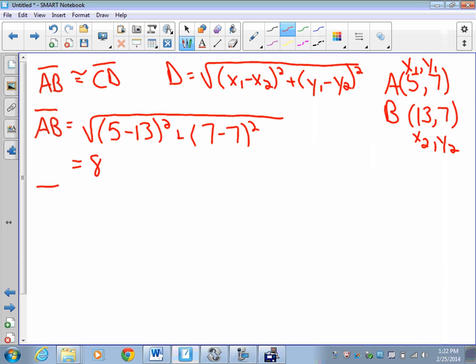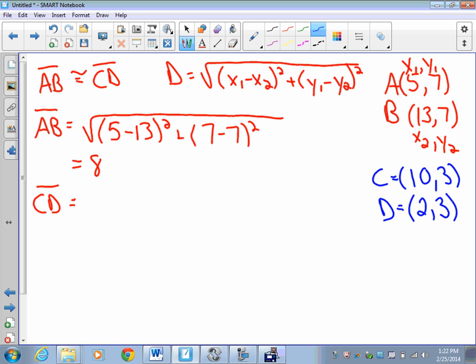Now I got to check that CD is the same. So let's change it to blue. C is (10, 3). D is (2, 3). So I have x1, y1, x2, y2.